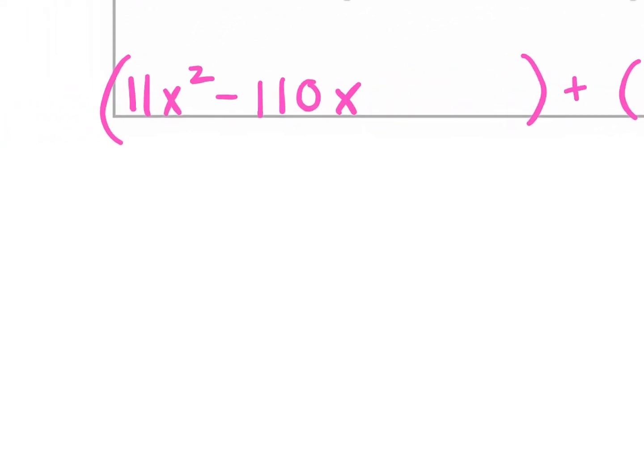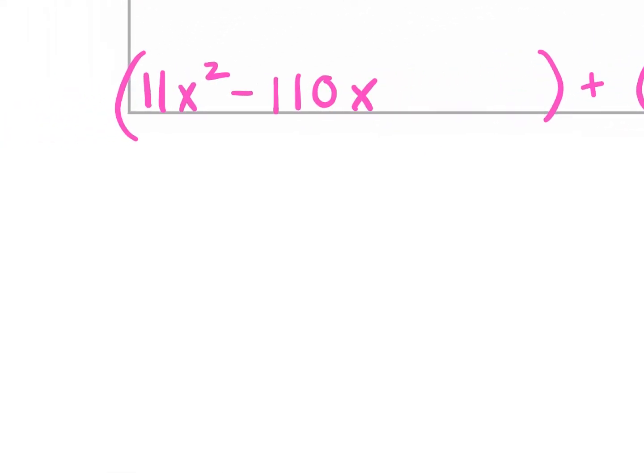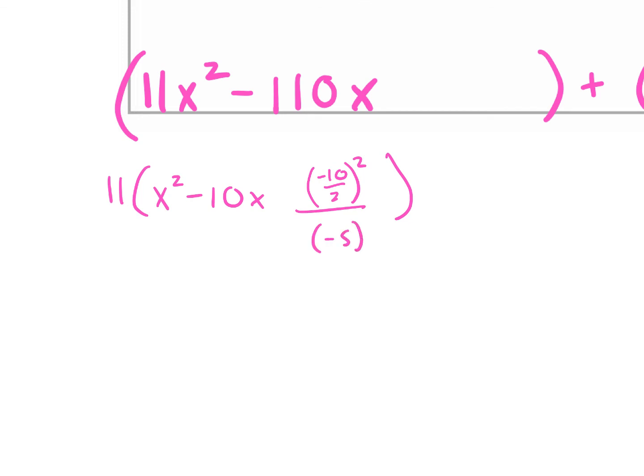What do I need to do first over here with the x's before I complete the square? Take out the 11. So I have x squared minus, what comes next? 10x. And then what's going to go in here to help me complete the square? Negative 10 over 2 squared. So negative 10 over 2 is negative 5 squared.